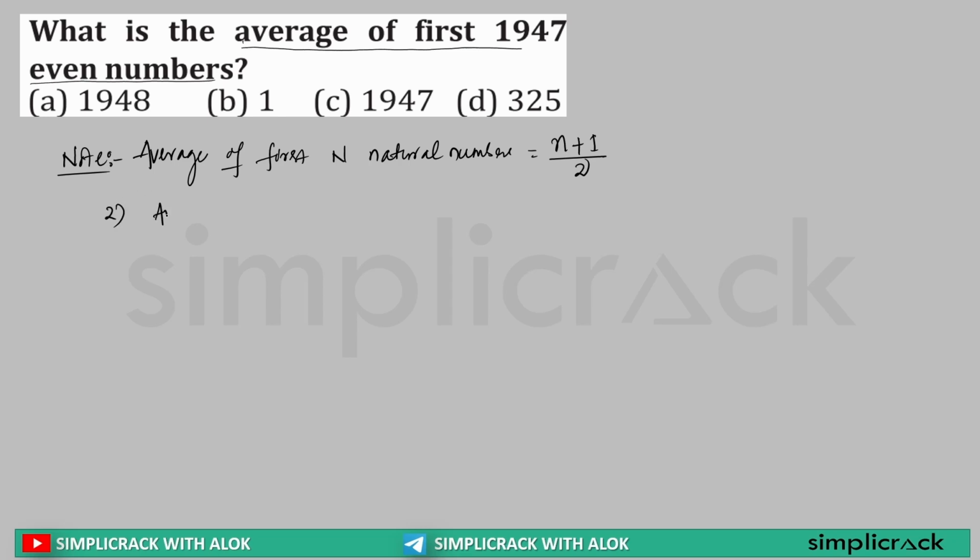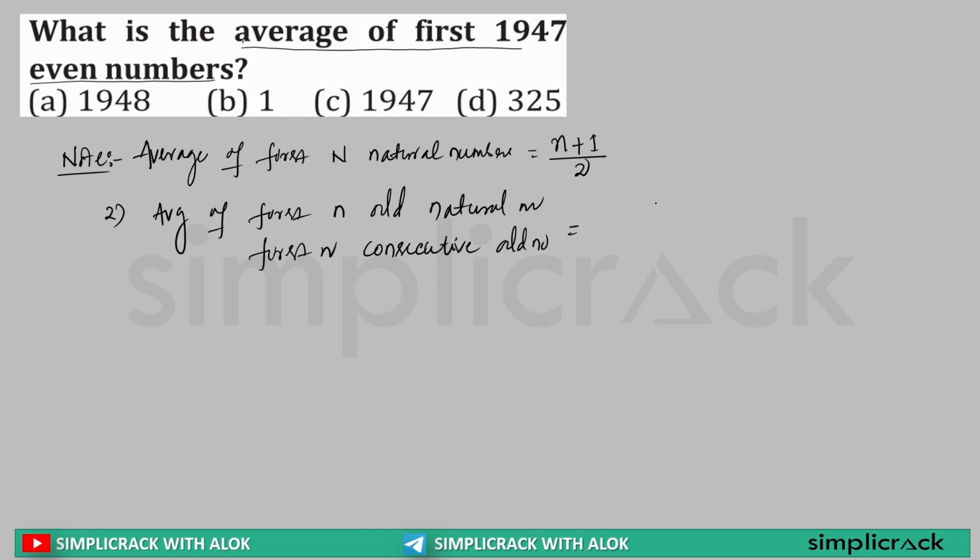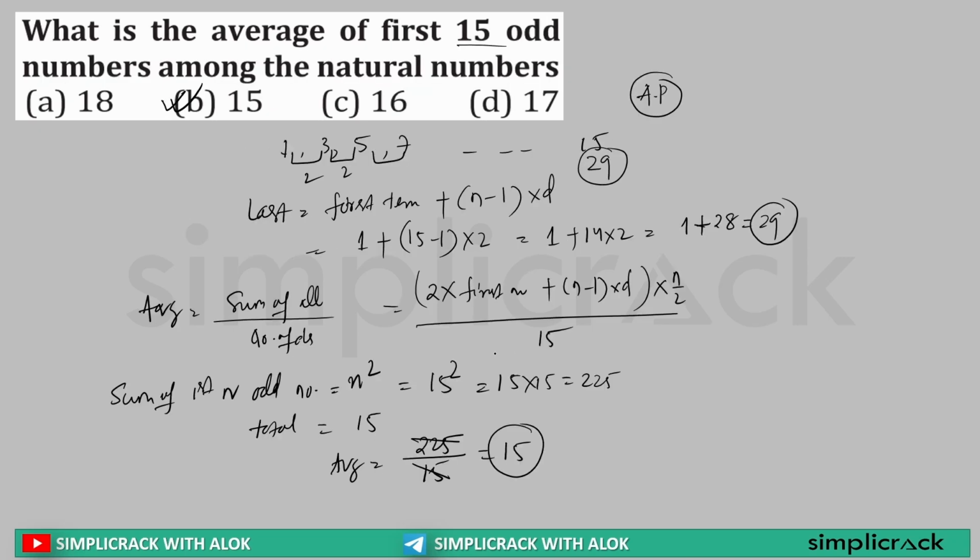If it is asked the average of the first n odd natural numbers, or the first n consecutive odd numbers, then the answer is n. See here, we found it is n square and the total number is n. So n square by n is equal to n.